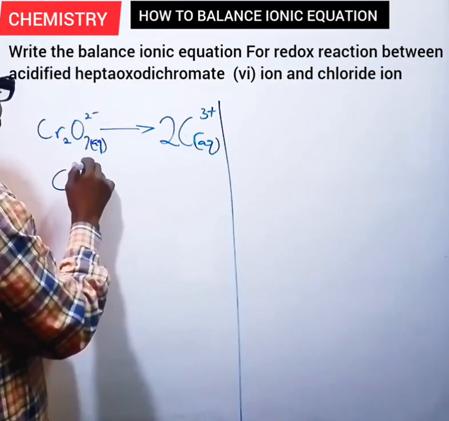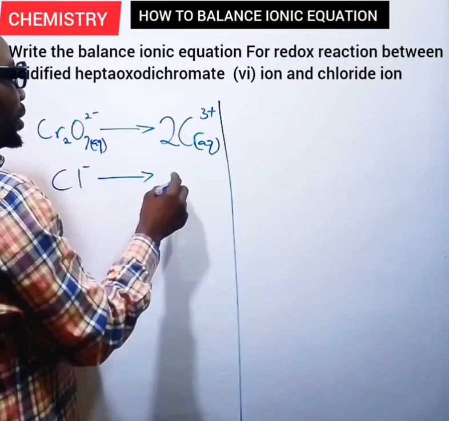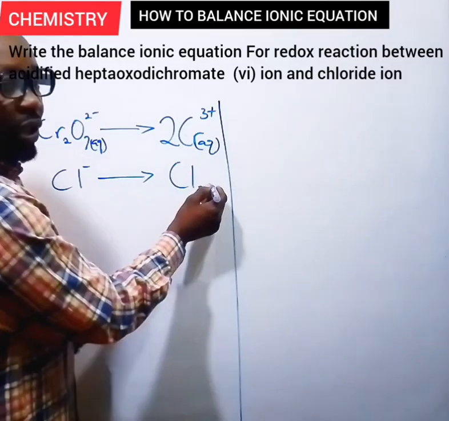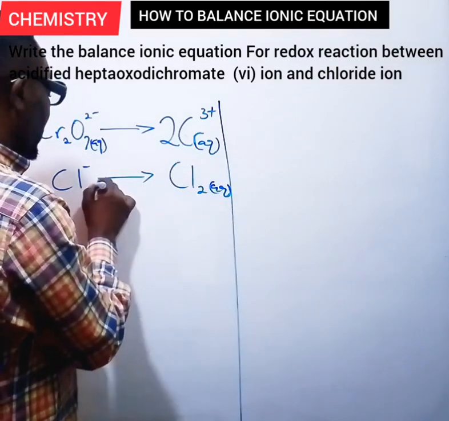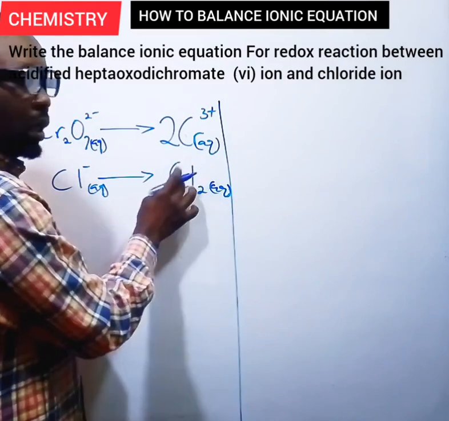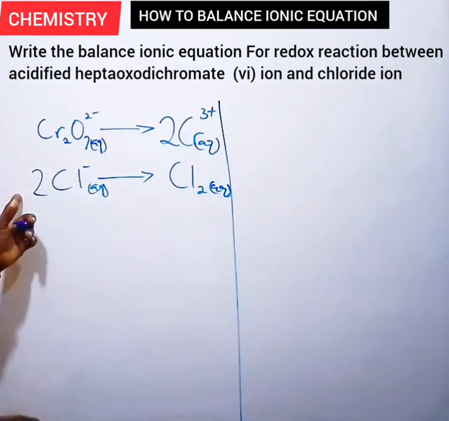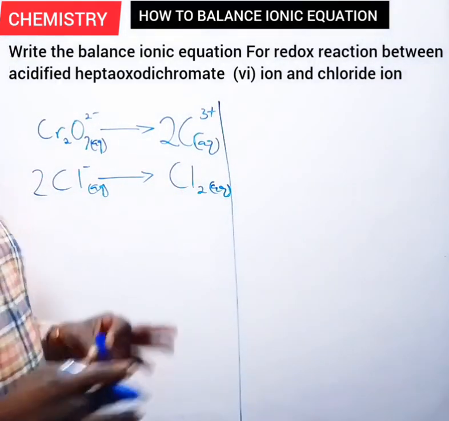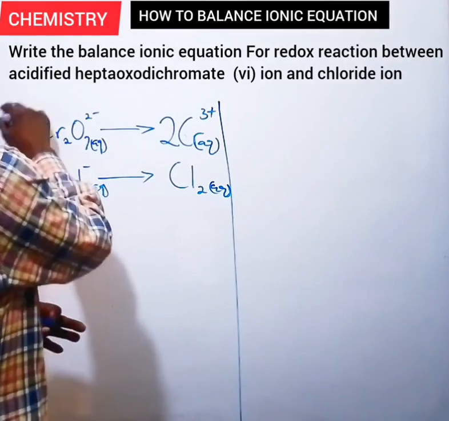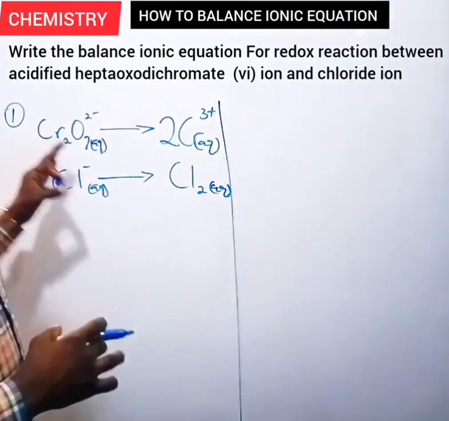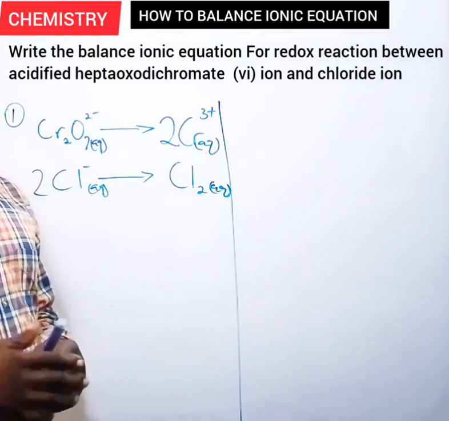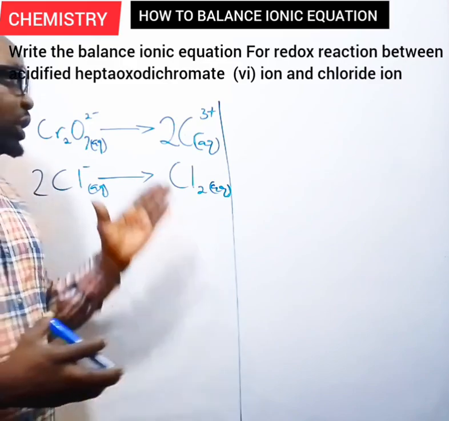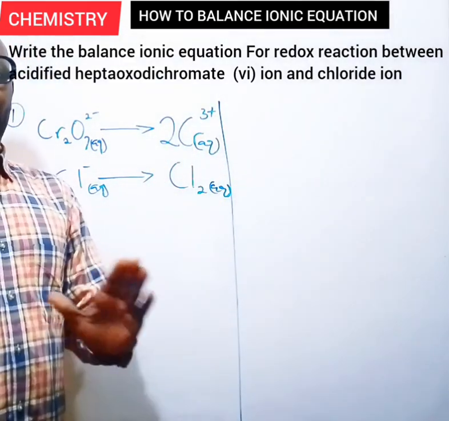And we have the Cl minus, which gives us Cl2. That one gives us an atom, which is aqueous as well. So there will be two here: 2Cl minus leading to Cl2. That is the first step you are going to take. You have to first of all show how they are going to lead into either their ion or atom form on the product side. That is what they are going to form on the product side.